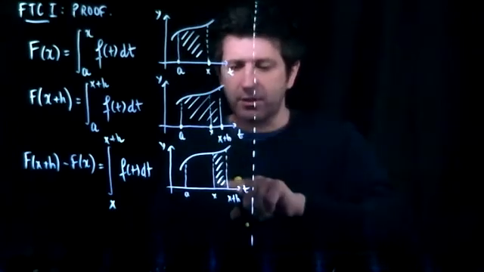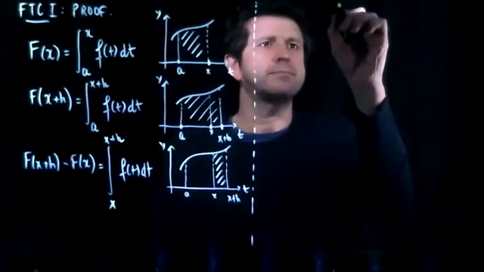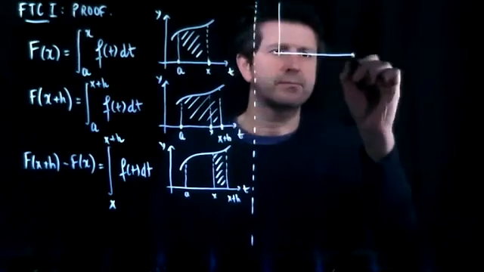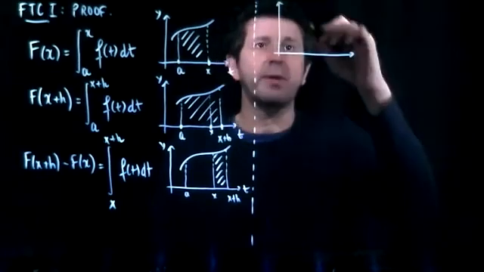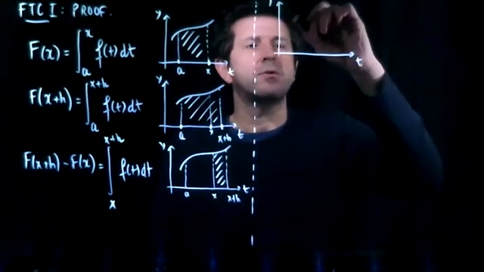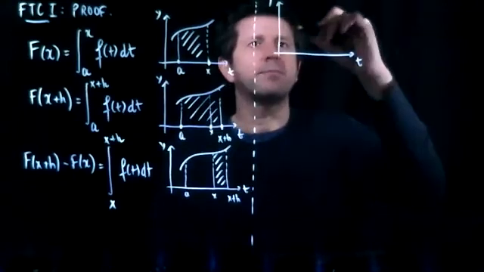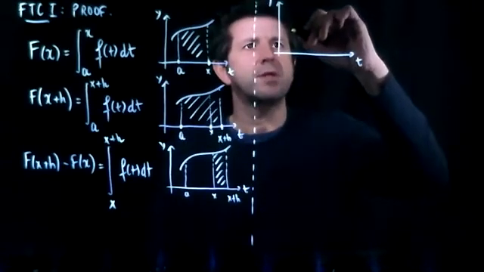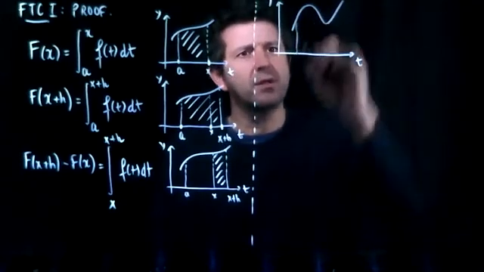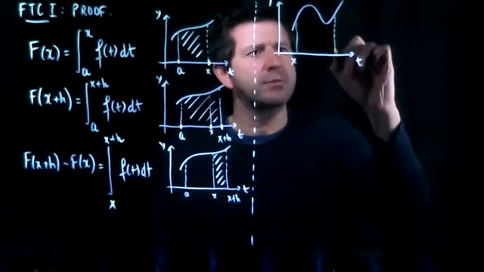Let me draw this region. Okay, so I'm going to draw it, let's see here. I just hope I could fit everything. So let's say my function, I don't know what it's like, but between x and, let's say, x plus h is here.